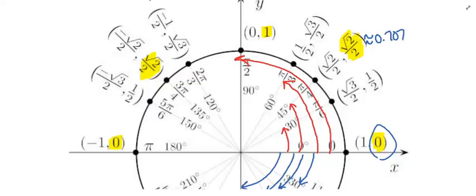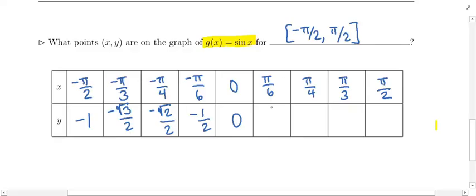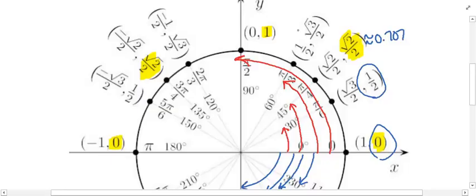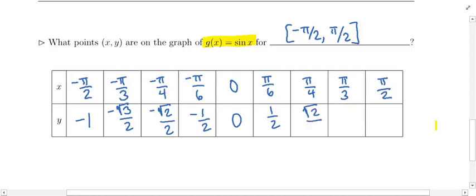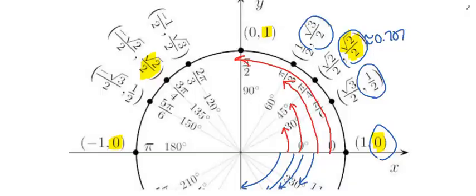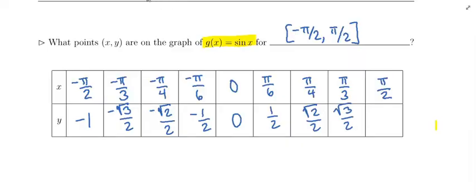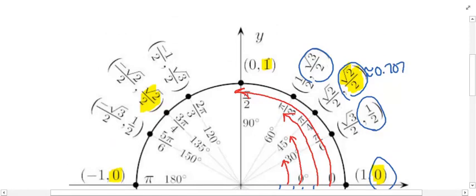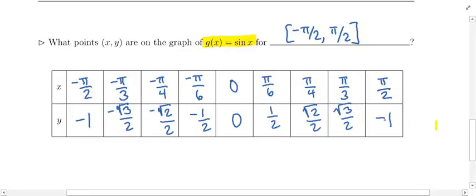For pi over 6, the sine of pi over 6 is positive 1/2. The sine of pi over 4 is the square root of 2 over 2. The sine of pi over 3 is the square root of 3 over 2. And lastly, the sine of pi over 2 is 1.